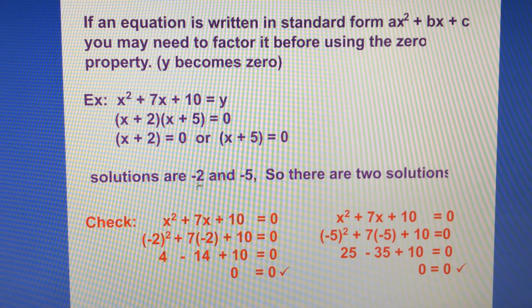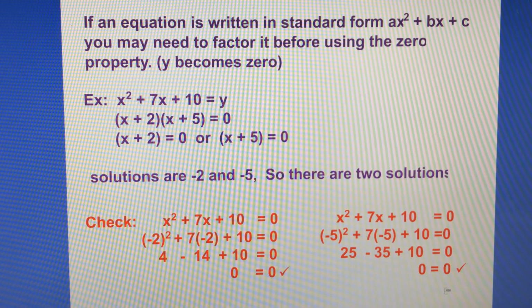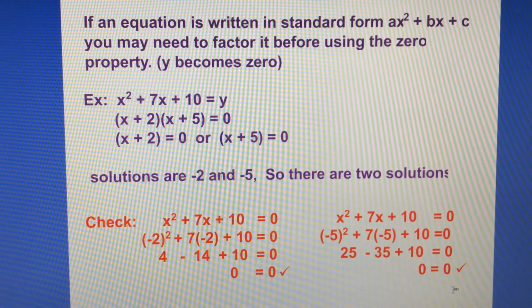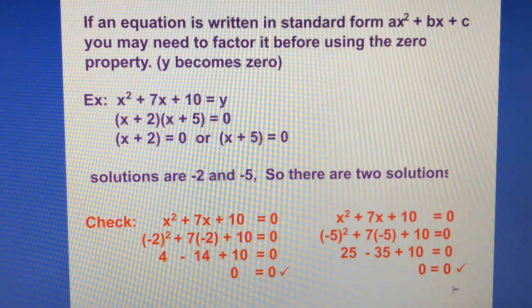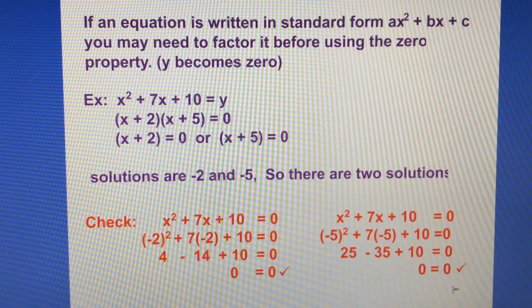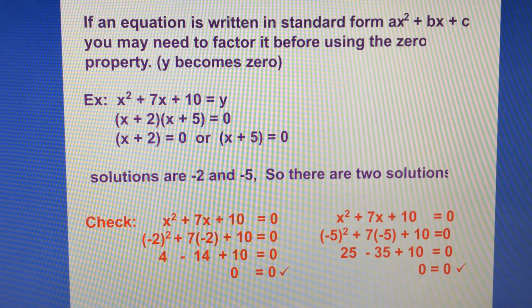Take those solutions, put them back in the original formulas, and make sure that you get equal sides. As long as that happens, you have found your solutions, your zeros. That was the same with graphing. Once you found your zeros, you have to put them back into the original equation and test that both sides equal.